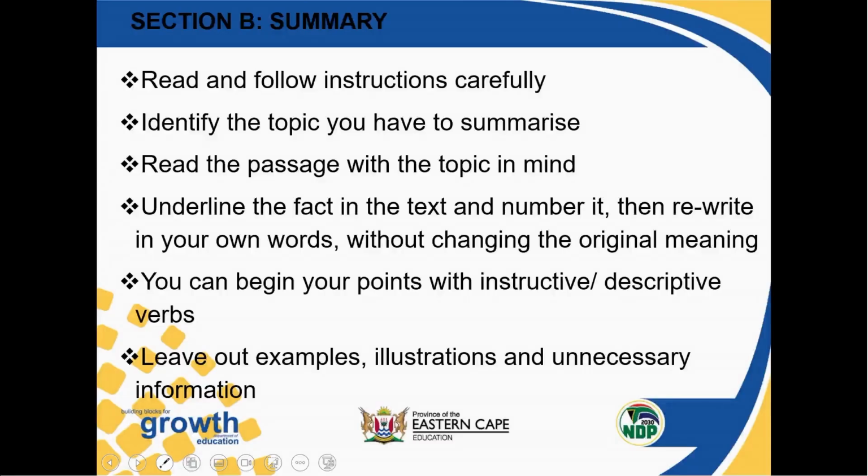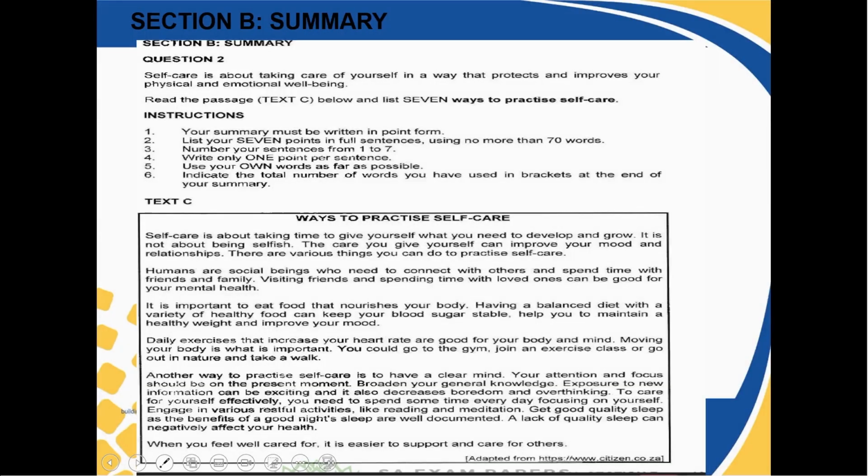So then what you also need to do is identify the topic you have to summarize. Now, I think I have an example here where you are asked to summarize. So these are the instructions. So this is an example of your summary writing. Then the instructions here, you are asked to list 7 ways to practice self-care.